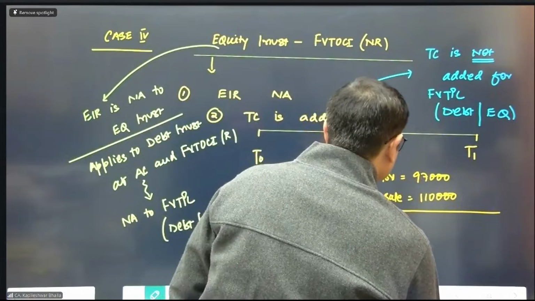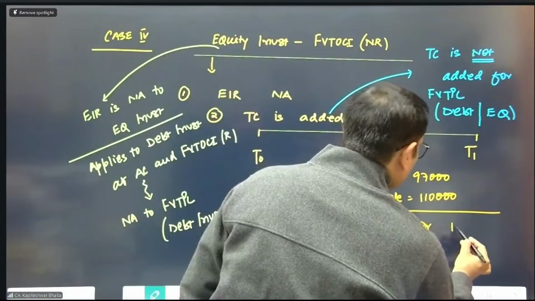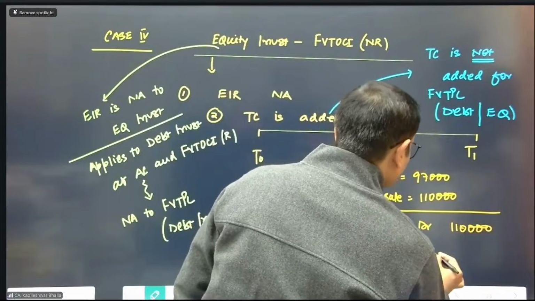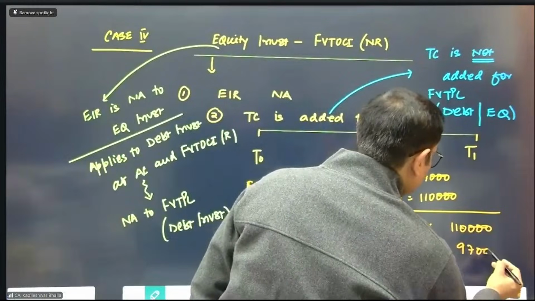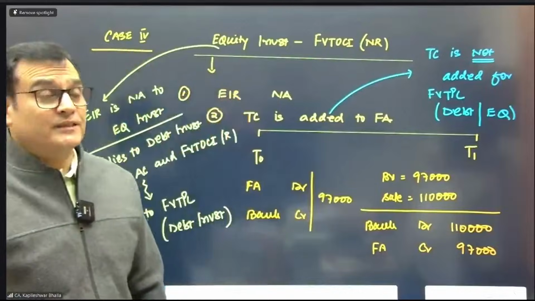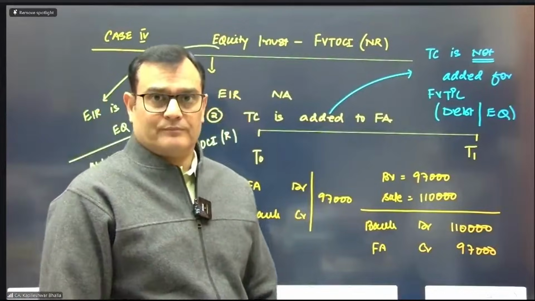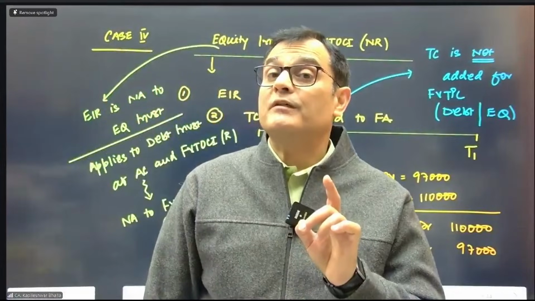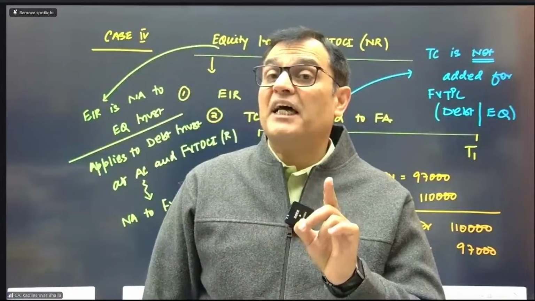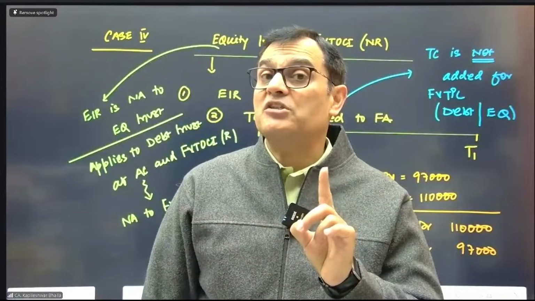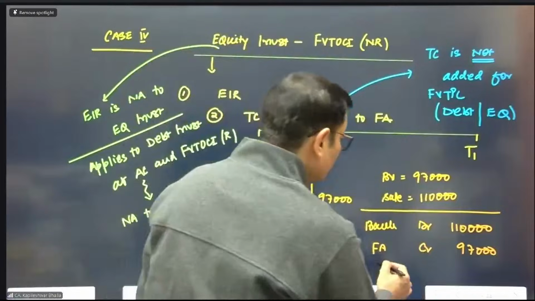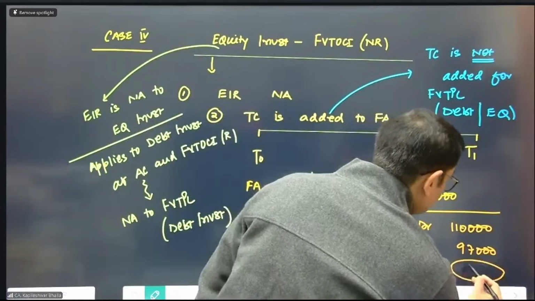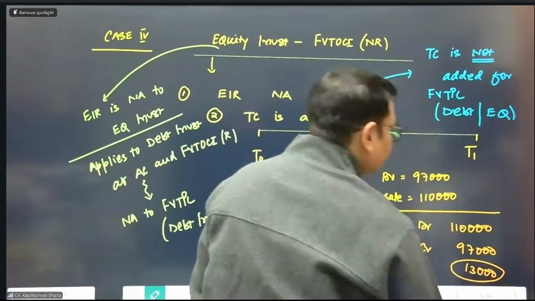The entry in this case is bank gets a debit 1,10,000. The financial asset gets a credit, that's 97. And the profit in this case is realized. But I said for equity investments, no P&L. Realized, unrealized, gain, loss, all in OCI. So this amount is going to be captured in other comprehensive income, that's 13,000.